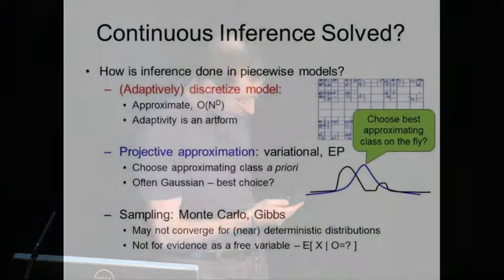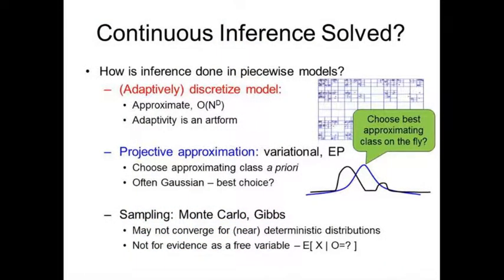And if you have queries where you don't want to instantiate your observation or your evidence, where you want to leave it as a free variable, I don't know how to do sampling where you didn't instantiate your evidence. You'd have to choose different instantiations and do the inference based on that. So this is one case where you might want to take the derivative of this expectation with respect to O, with O as a free variable, and I wouldn't know how to do this if I was sampling.